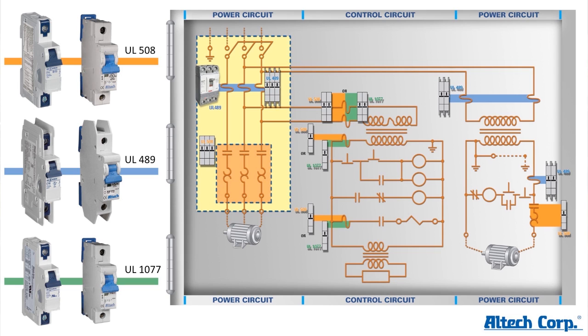So you can use that miniature molded case circuit breaker at the incoming of the transformer, which is stepping down the voltage from a higher voltage to a lower voltage on the right side of the shown power circuit.